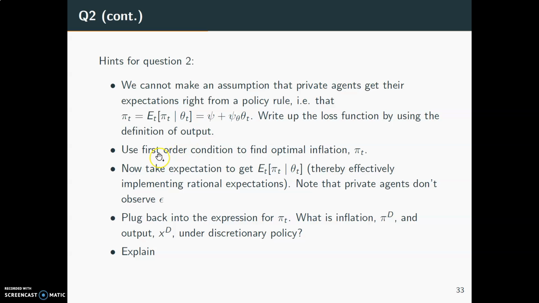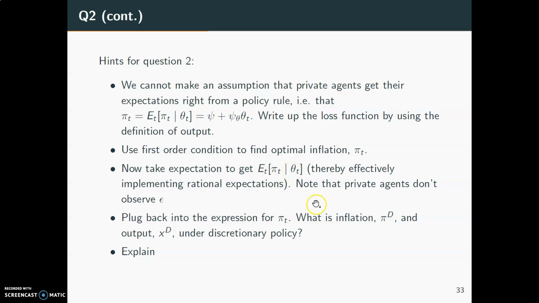Then take a first order condition with respect to pi_t to find an expression for pi_t, and then take expectations with this expression to get the private sector expectations about pi_t, conditional on knowing theta_t under this discretionary monetary policy regime.